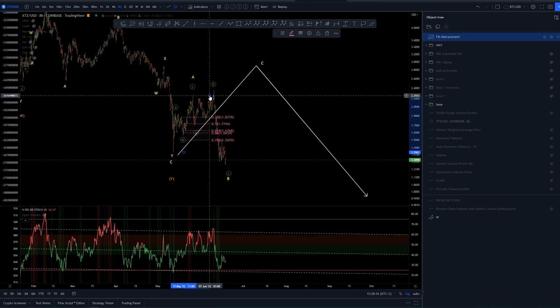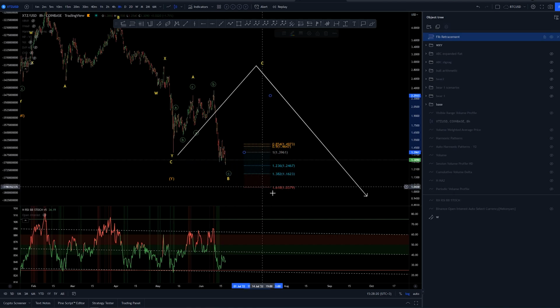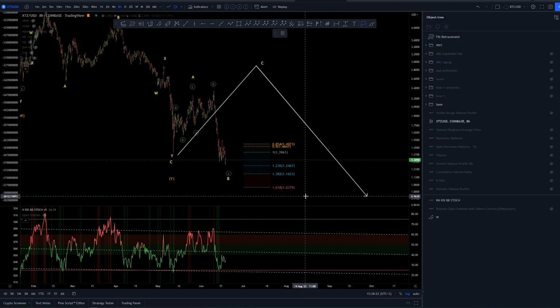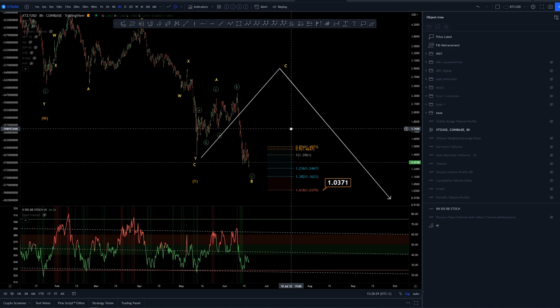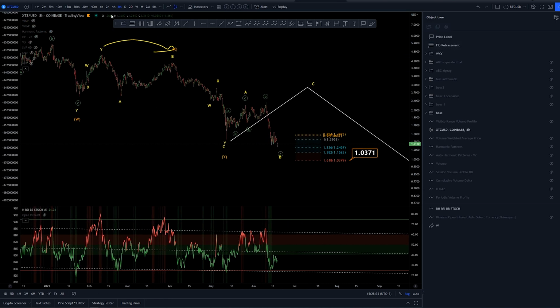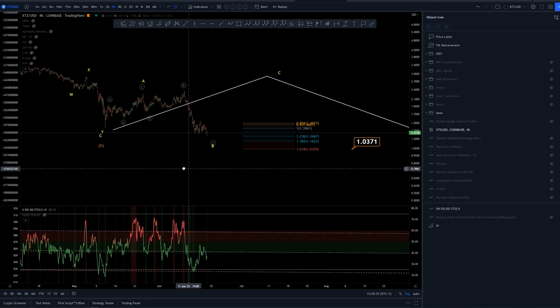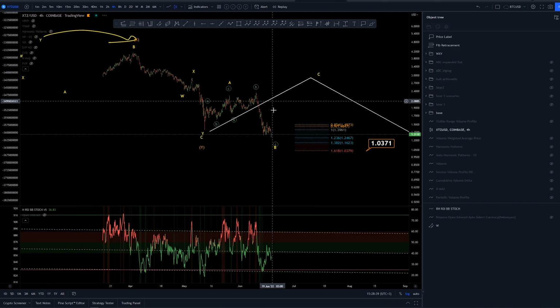Let's take a look at the maximum extension B wave can go to, and that would be here around $1.04. If the B wave goes beyond this, then it is more likely to be something else, and we'll be looking into some other possibilities. But for now, we can look at this whole structure as an ABC, ABC, and then a C wave to come.